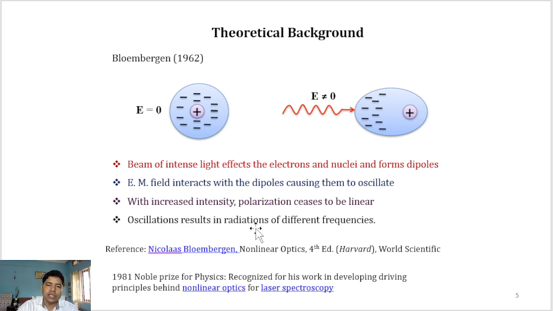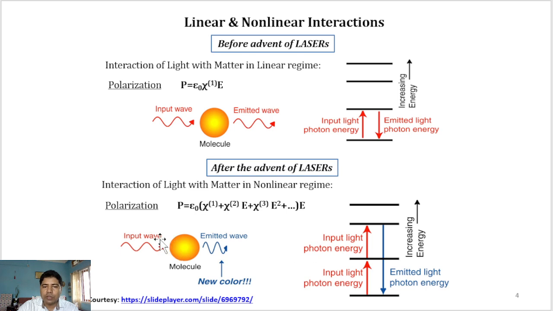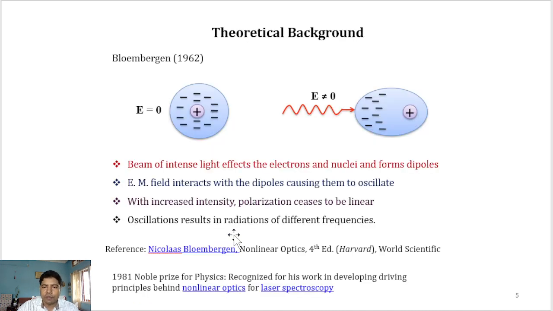So the oscillation results in the radiation of different frequencies. When there is oscillation, there is production of a dipole moment that keeps changing, and this produces different frequencies in the output. That is why we use red light and found blue light. The red light will be there also.